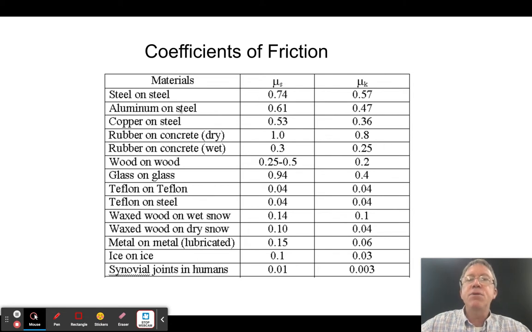And what we find is, say I put steel on steel. Well, the mu of static friction is going to be about 0.74 times the normal force. But once it starts sliding and we have kinetic friction, that drops down to 0.57. And so you notice in each case, depending on the two surfaces, I'll get a different value for this. And in each case, the value for the static friction is greater than that of the kinetic friction.